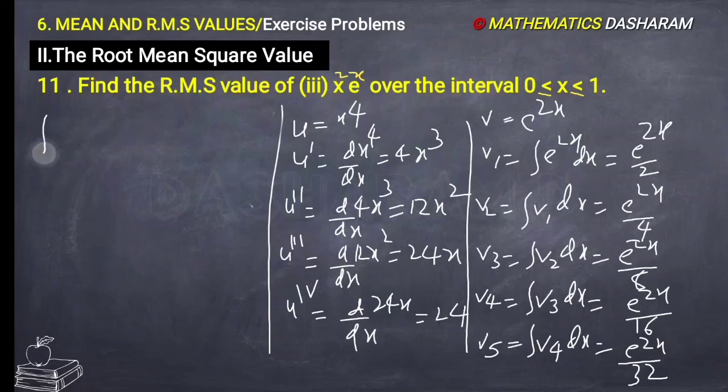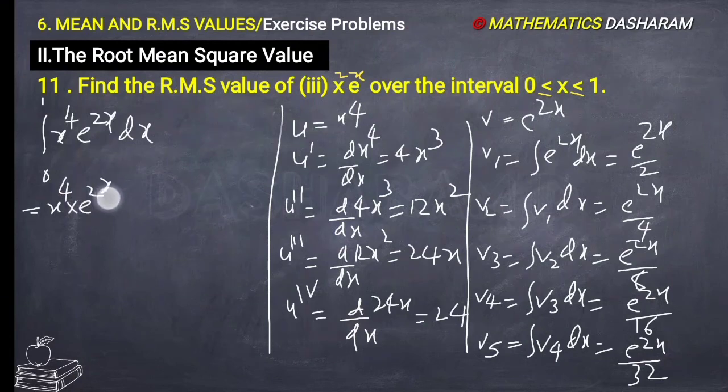So integration 0 to 1 x to the power of 4 e power 2x dx equals u into v1, that is x to the power of 4 into e power 2x divided by 2, minus u dash into v2.